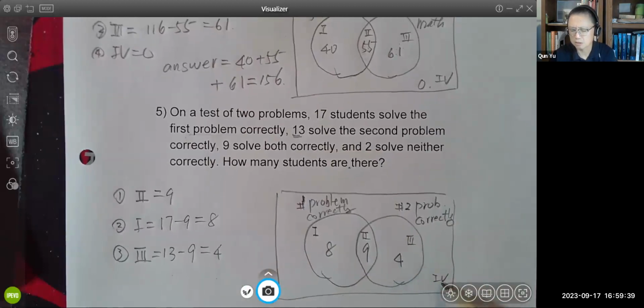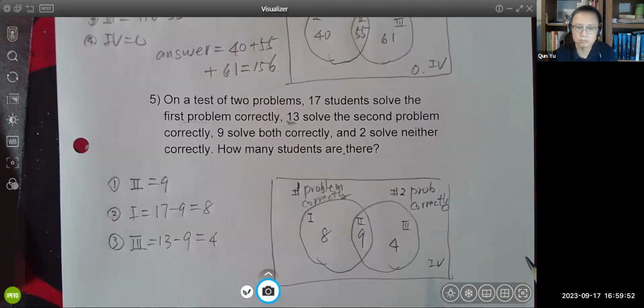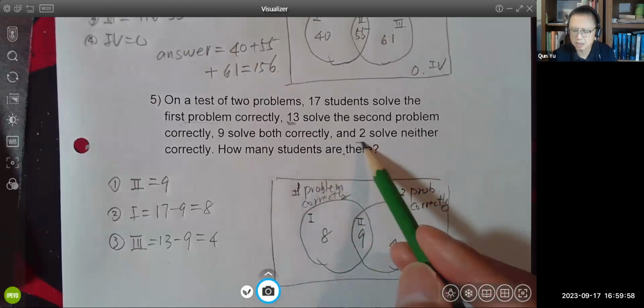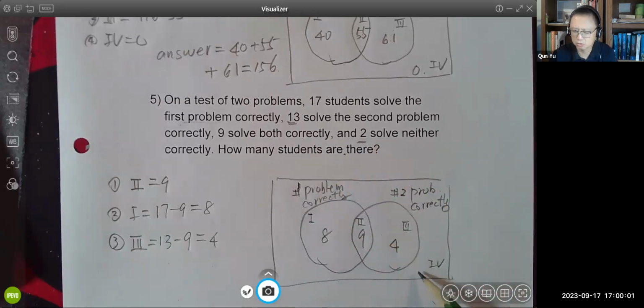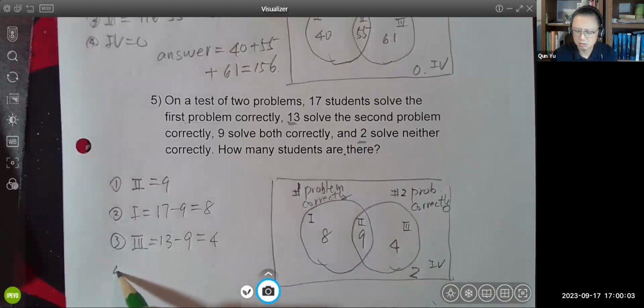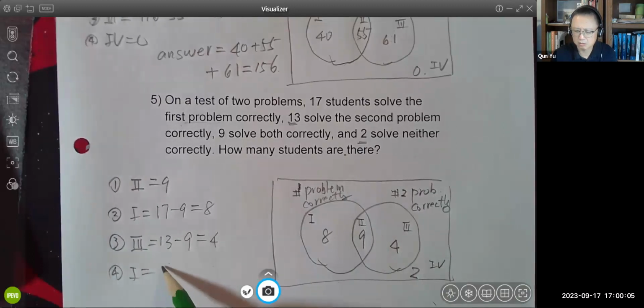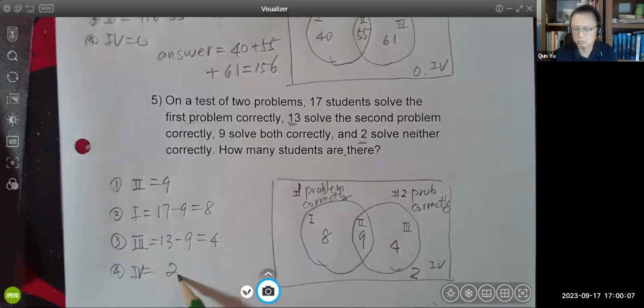And region number 4 is outside both circles, and these circles represent those who solve at least one problem correctly, right? So region 4 really means those people who didn't solve either correctly. Okay, so do we have that number? Yeah, we are given that number. That's 2. So region 4 equals 2.